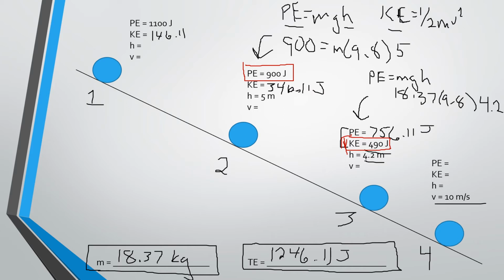And here, with the velocity, I could go ahead and use the KE equation of 1/2 18.37 times 10 squared. And I can get that the kinetic energy is 918.5. And then I could go ahead and subtract that from the total energy and get that the potential energy is 327.61.